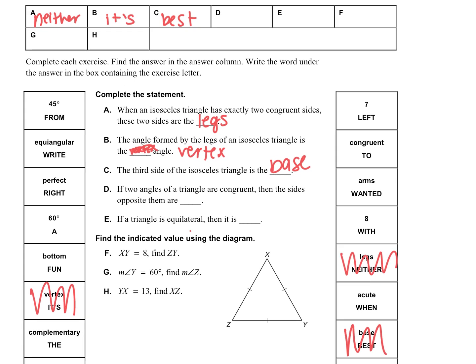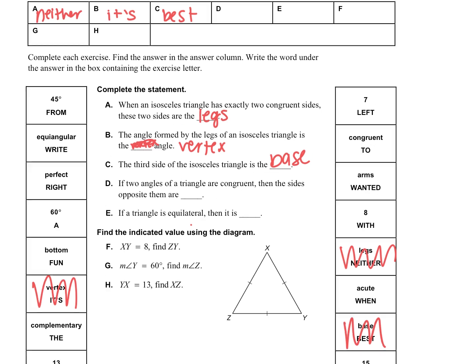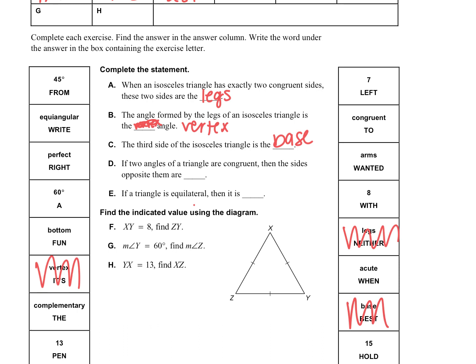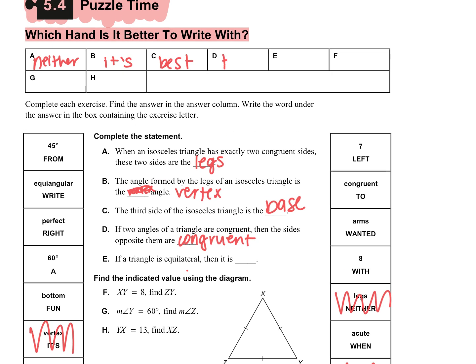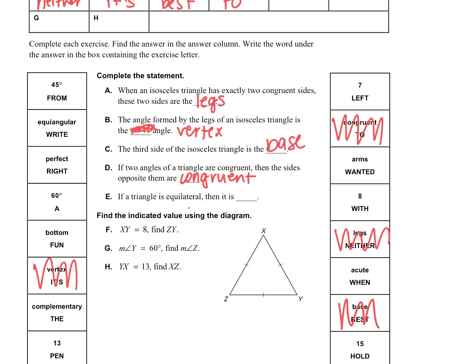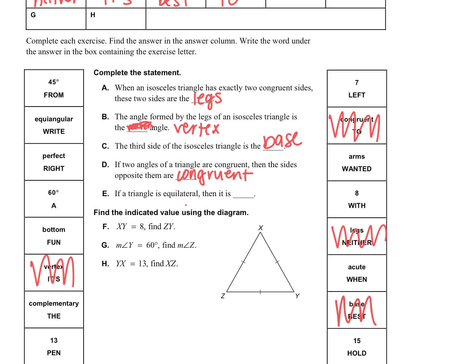If two angles of a triangle are congruent, then the sides opposite to them are what? Perfect. If a triangle is equilateral, then it is equiangular.